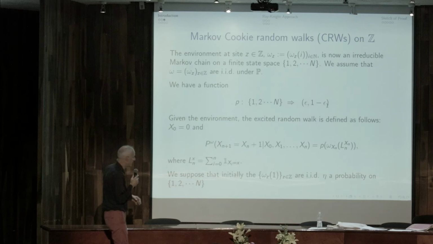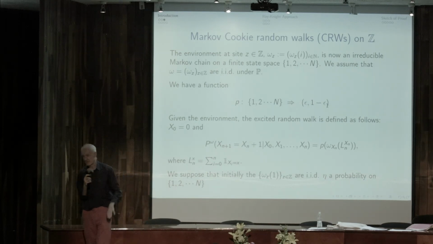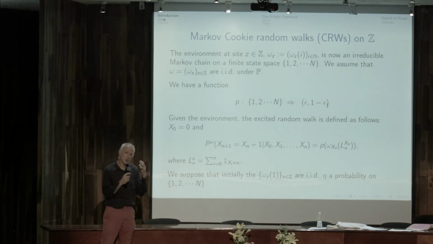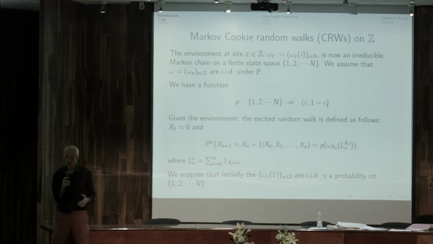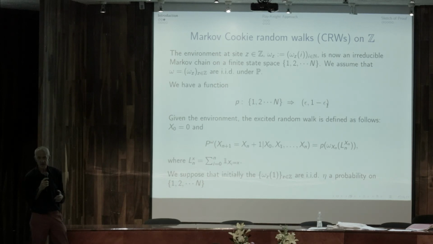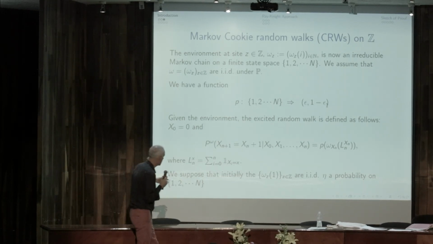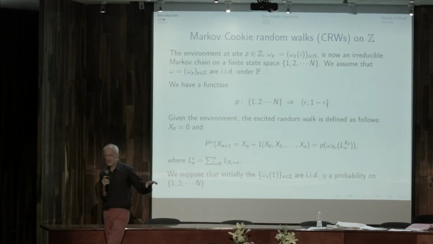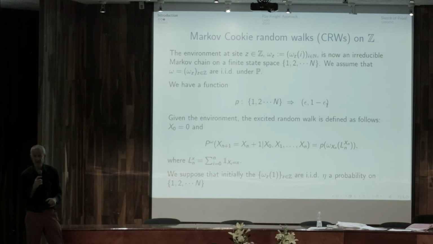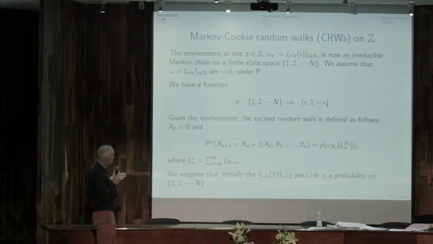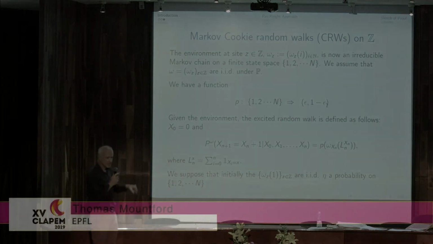So you can also think of it as the Markov chains only evolving if they're visited, if you like. But either way, it doesn't matter. The Markov chains all have the same distribution, the same laws of evolution, but they evolve independently, and we suppose, for simplicity, that the initial first values of the cookies are IID.